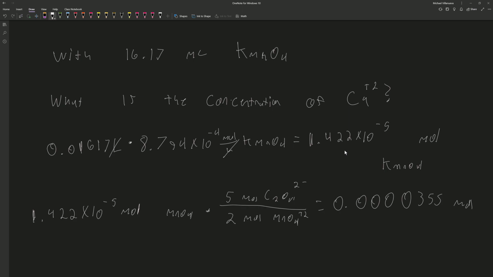I did not put the information in. 3.55 times 10 to the negative fifth.